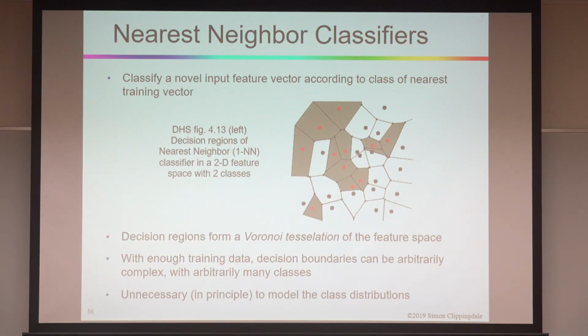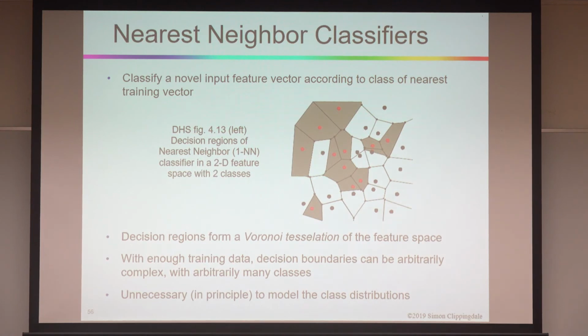The decision boundaries here are lines, boundaries that are equidistant between class centroids. This is a thing called a Voronoi tessellation of this feature space. You can see the decision boundaries here are already pretty complex.